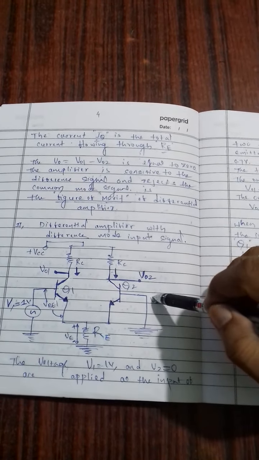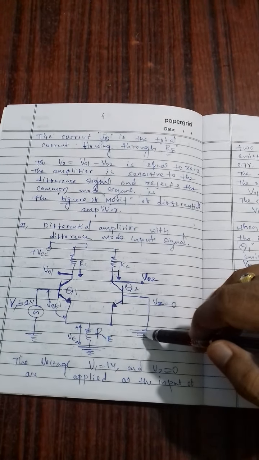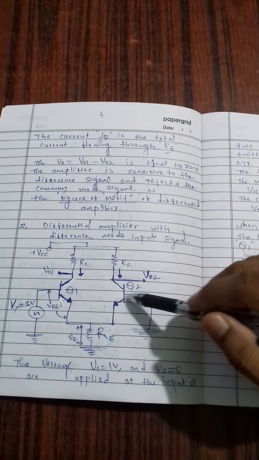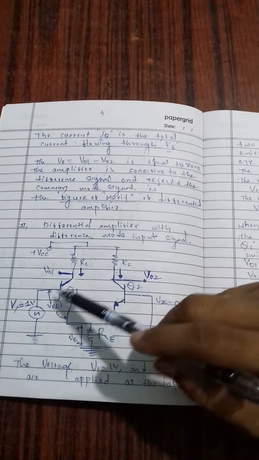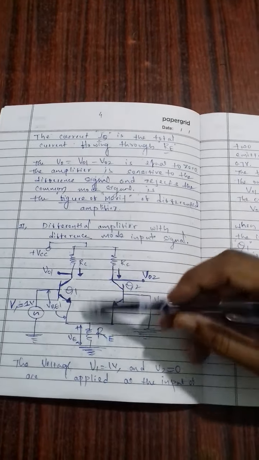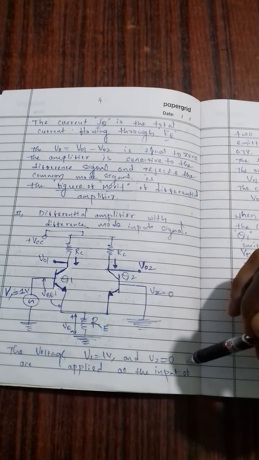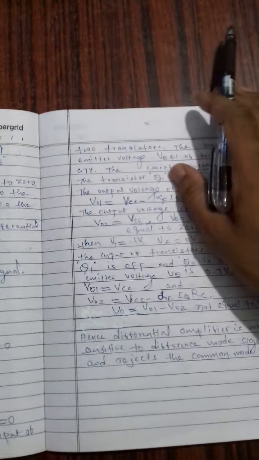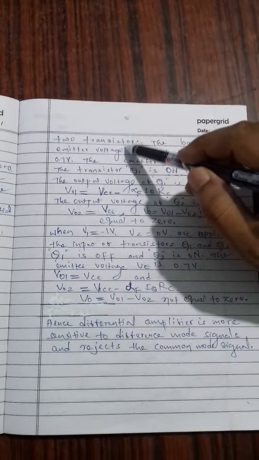The voltage applied at the base of transistor Q2 is at ground potential, but the voltage applied at the base of Q1 is 1 volt. These voltages V1 and V2 are applied at the input of the two transistors.